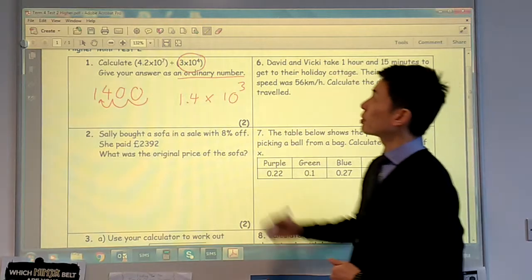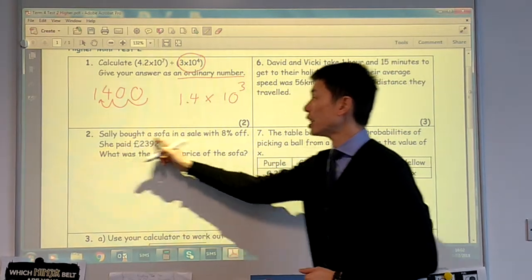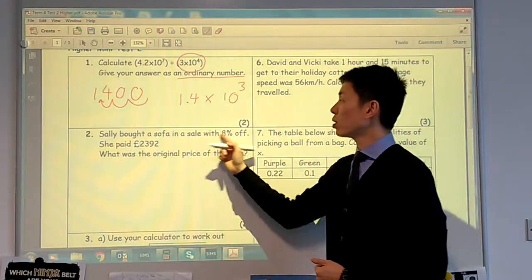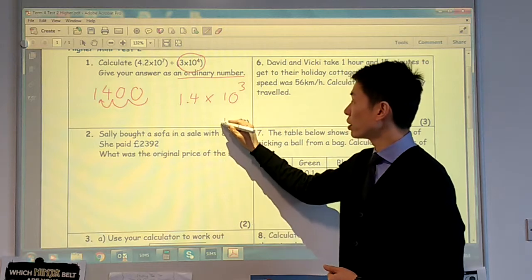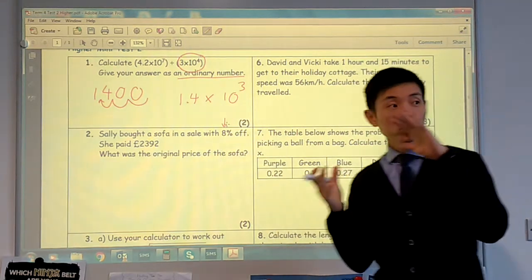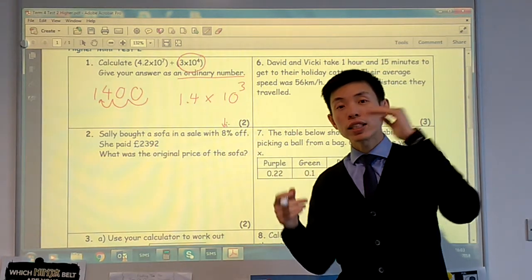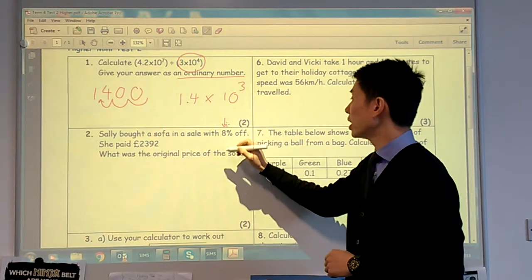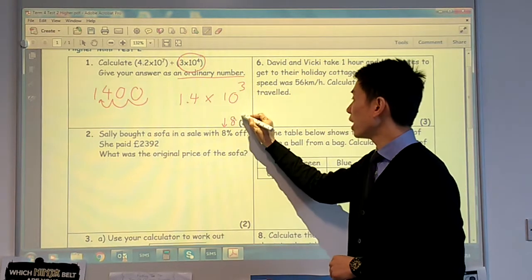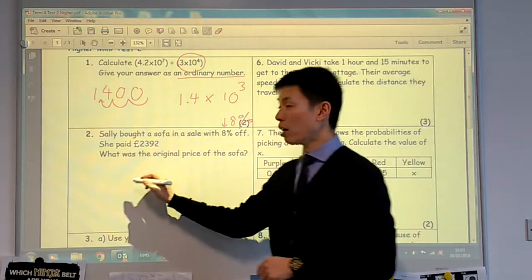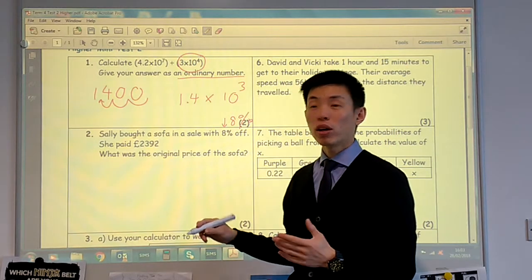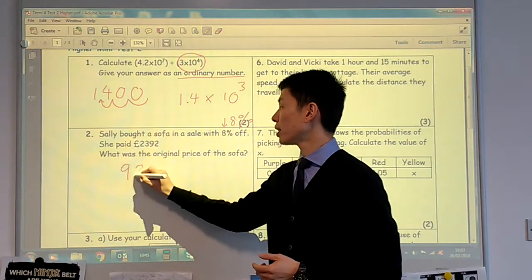So the next one, Sally bought a sofa in a sale with 8% off. So that means from 100% original price, it's now dropped by 8%. So it's gone down by 8%. So now the value is going to be worth 92%.